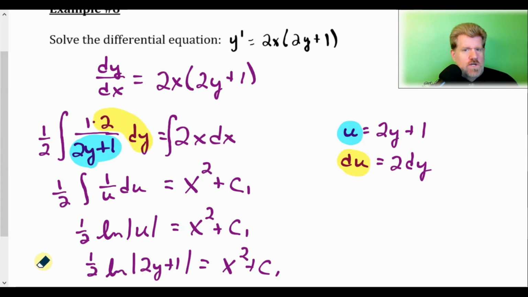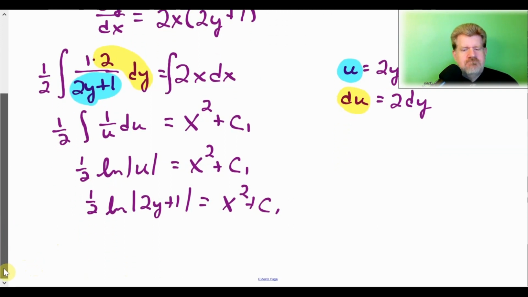And it only works when that is a constant. If it is a variable, we've got to find a different way. So hopefully you'll remember that. But here you go. Here's our antiderivative. Now before I deal with this e, I'm going to multiply both sides by 2. It will just make it a little bit easier.